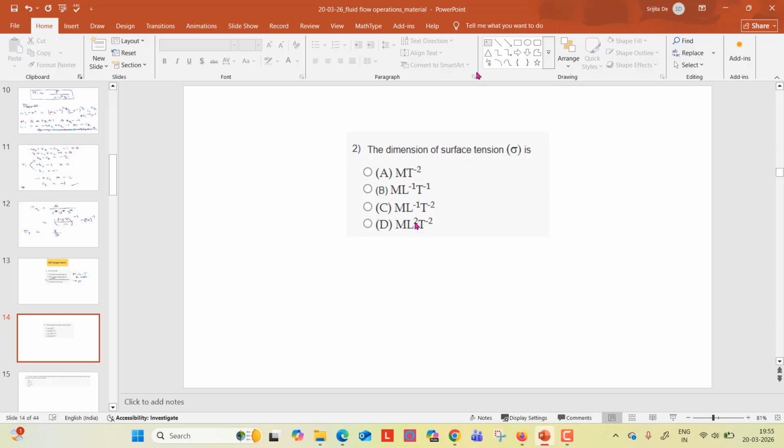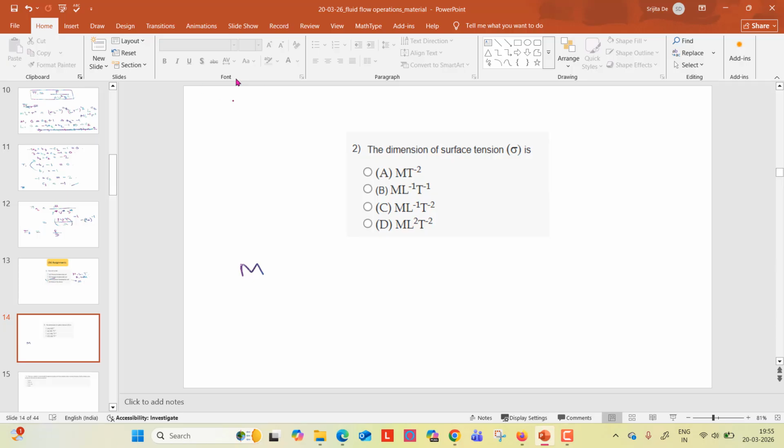The dimension of surface tension. Okay. So how much force one has to apply per unit length to bring a molecule from its bulk to its interface. This is the definition of surface tension.